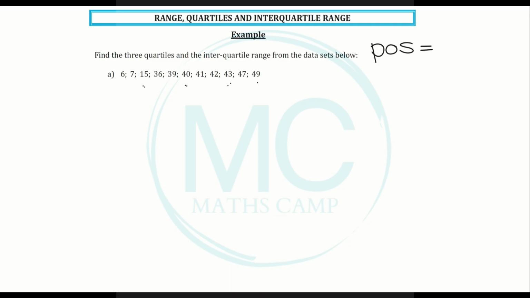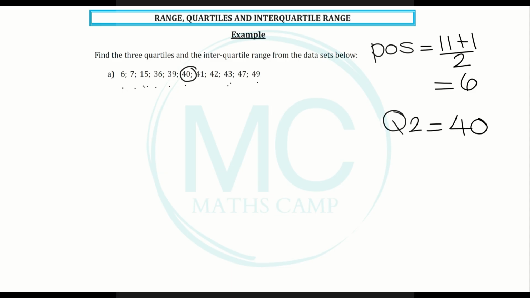N is 11, so I can say 11 plus 1 over 2. 12 over 2 gives me a position of 6. Now I start on the left hand side. 1, 2, 3, 4, 5, 6. 40 is my median, Q2. So I can say Q2 is equal to 40.